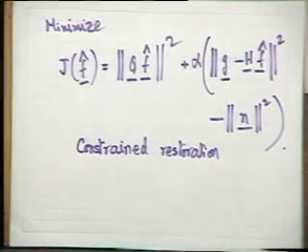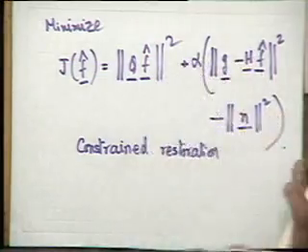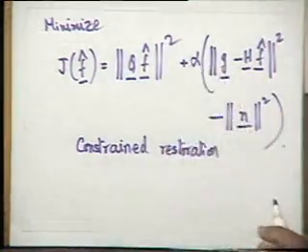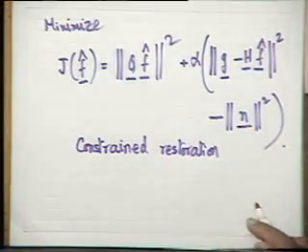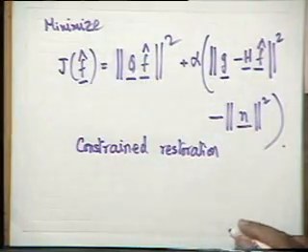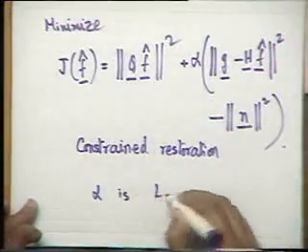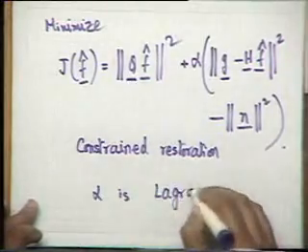Now how to minimize this? Again, coming to this term alpha: as I already told you, it is a constant, a multiplier, and this multiplier is also known as the Lagrange multiplier. So alpha is what is known as the Lagrange multiplier.